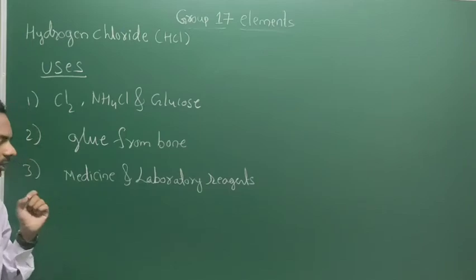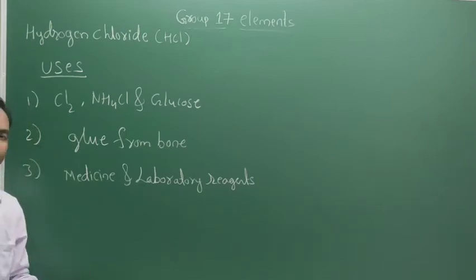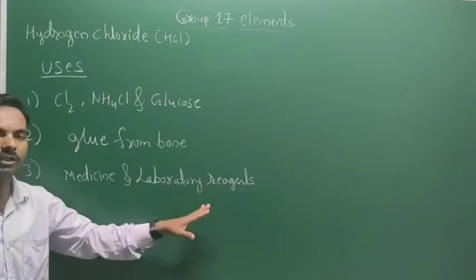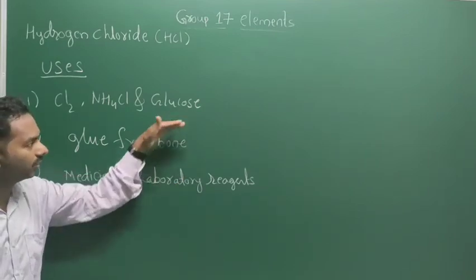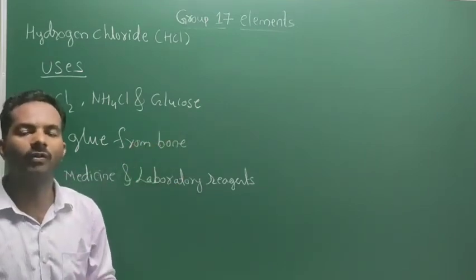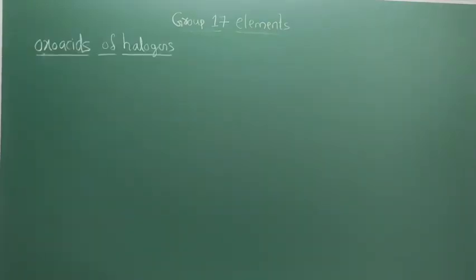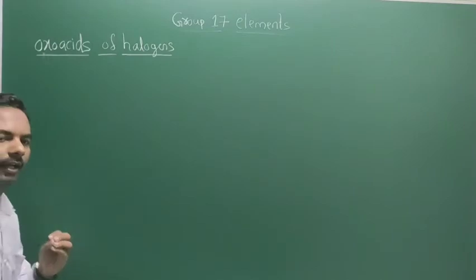Third point, it is used for manufacture of medicines and laboratory reagents. So here this is about the uses of hydrogen chloride. We move towards the oxoacids of halogens.